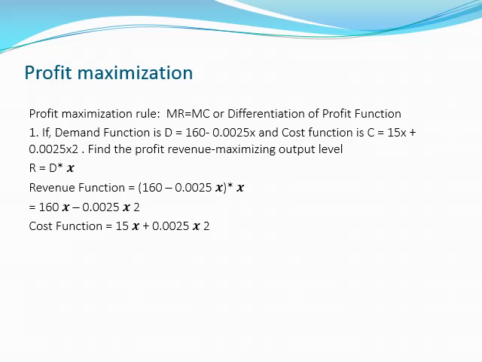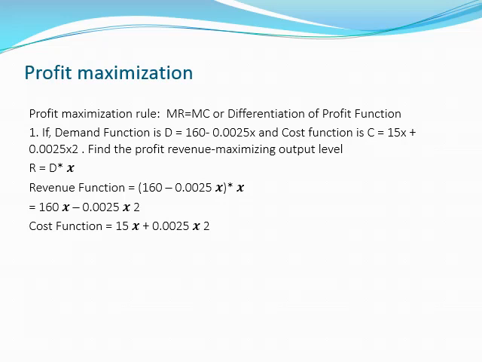Profit maximization rule: marginal revenue equals marginal cost, or the differentiation of the profit function equals zero. For example, if the demand function is D equal 160 minus 0.25x and the cost function equals 15x plus 0.25x power 2, find the profit, revenue and maximizing output level.